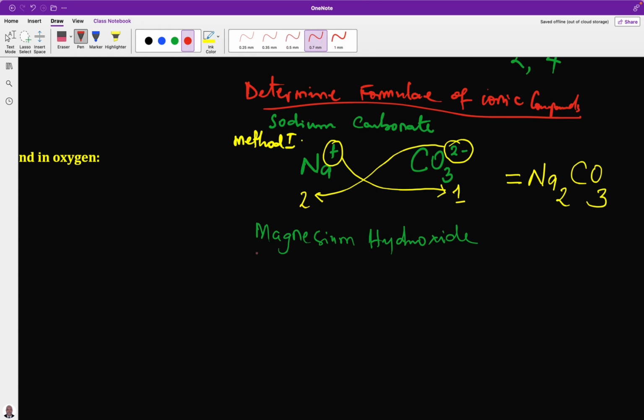Magnesium is Mg2 plus. Hydroxide is OH minus. Okay, we need to swap them. The simple way to swap them is this way that we're talking of.